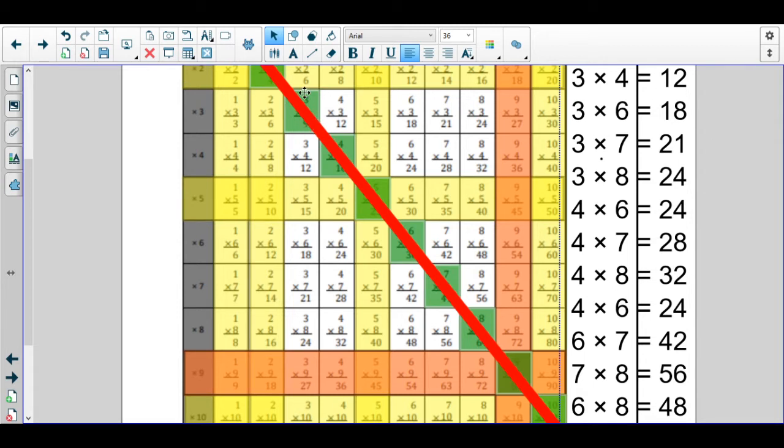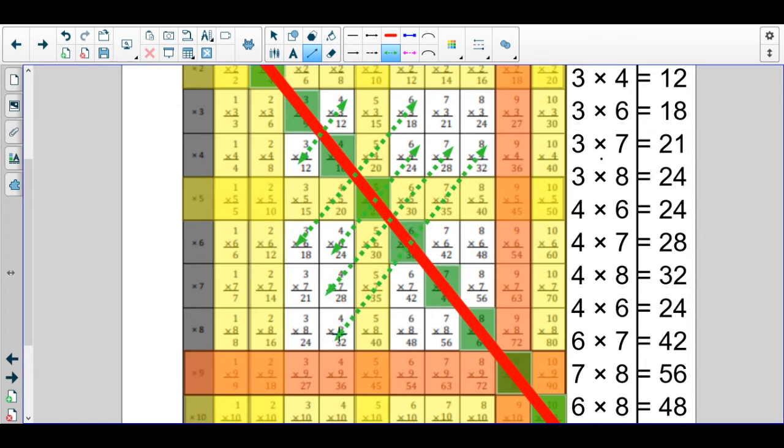And here's the beauty of this: they are on either side of this red line. So we've got 4 times 3, and there's 3 times 4. 6 times 3, 3 times 6. 6 times 4 and 4 times 6. So you can see we have this overlapping pattern, that if we know one, we're going to end up knowing the other.